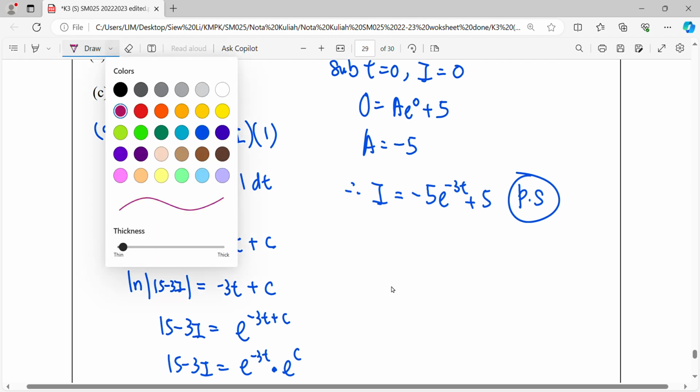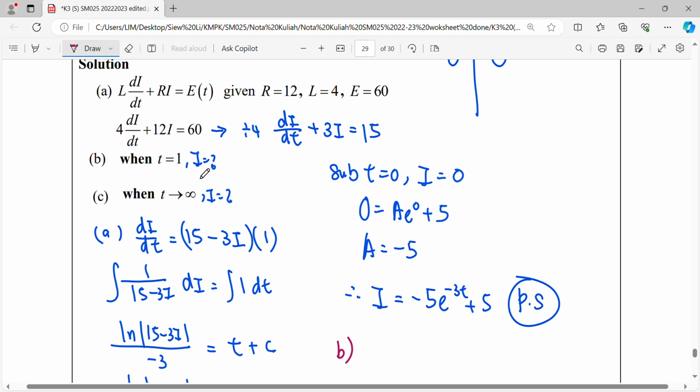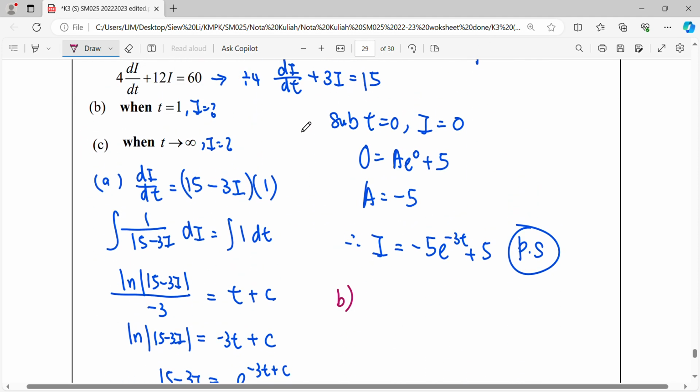So that is the particular solution. For question B, then only we answer question B. They say find the current after 1 second. So when t equals 1, what is the current I?